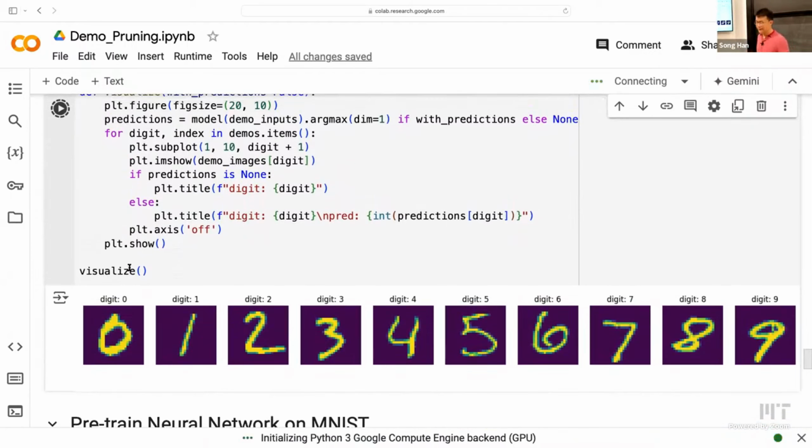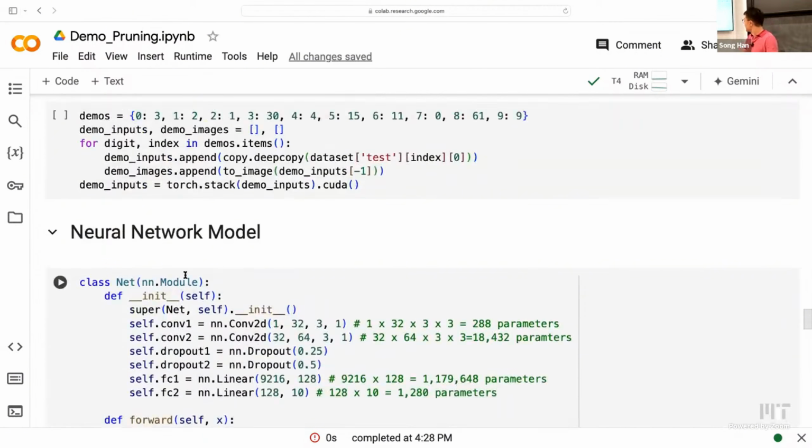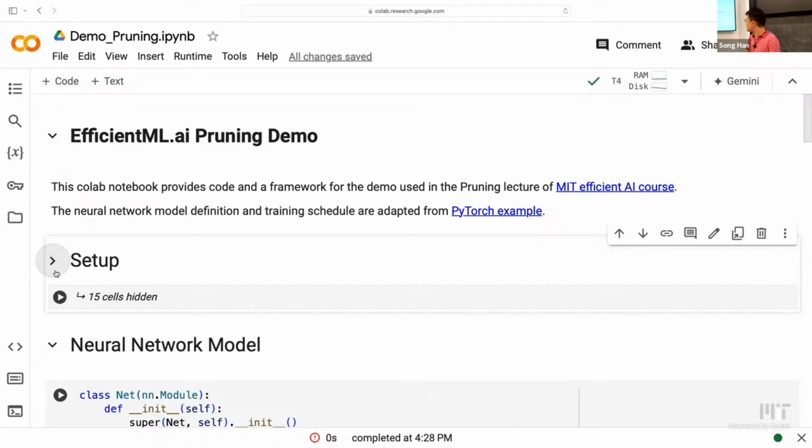In this demo, we prepared the MNIST data set to prune the network to classify the handwritten digits from 0 to 9. If you randomly guess, the accuracy should be 10%. So let's run the IPython notebook from the beginning. Let's first do the setup.